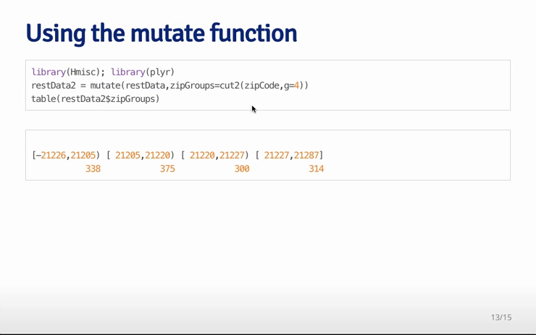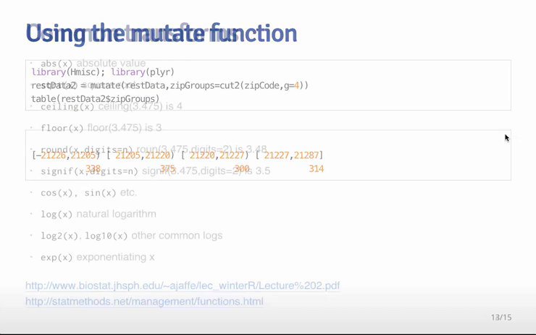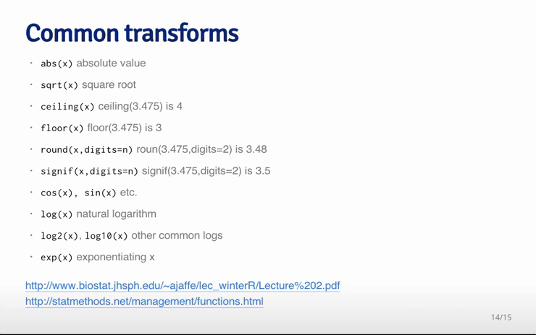So the new data frame will be the old rest data with the new variable added. Now I can make a table of the zip groups, and I can see that it appears in this new data frame rest2.